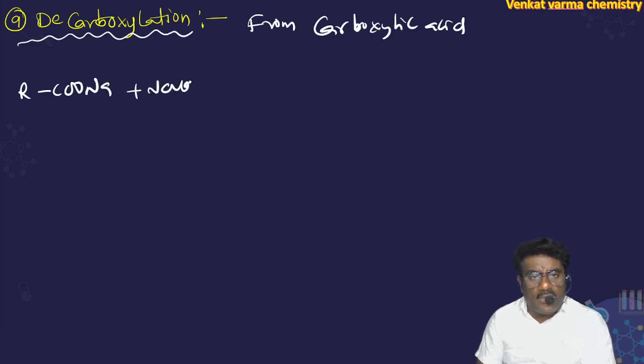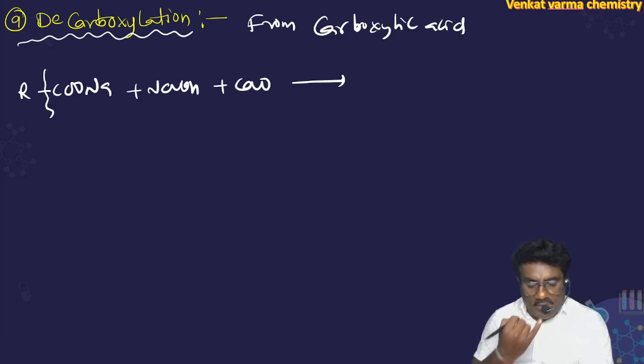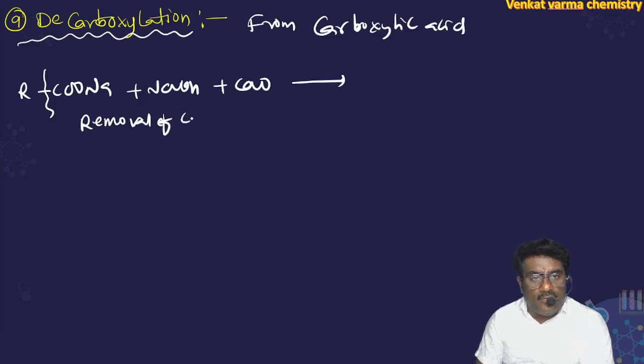Soda lime means NaOH plus CaO, a decarboxylating agent. So simply removal of COONa and addition of hydrogen to form RH.